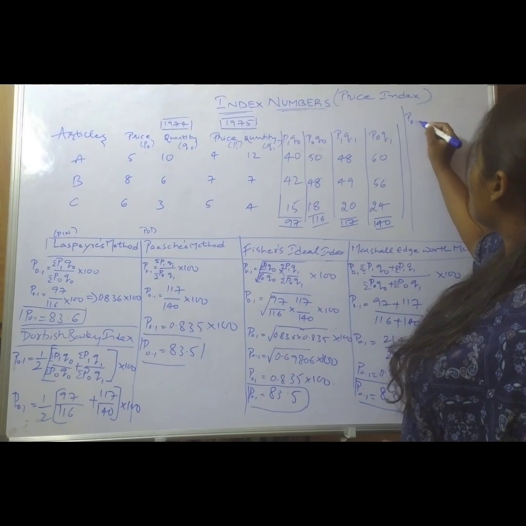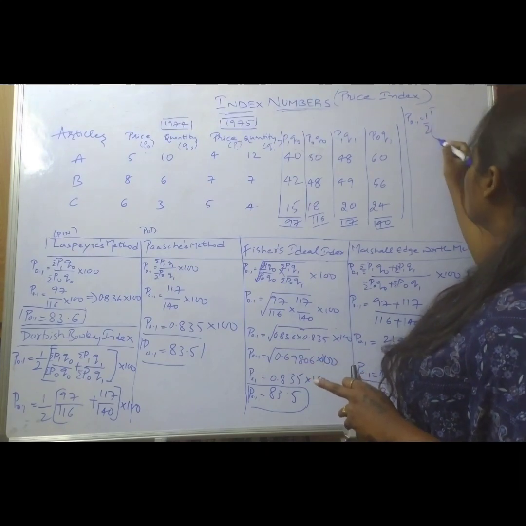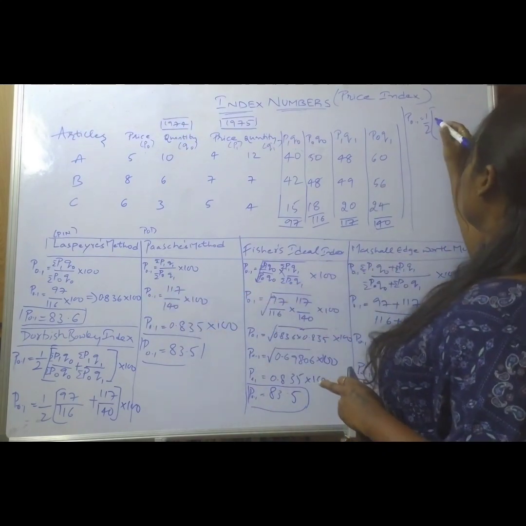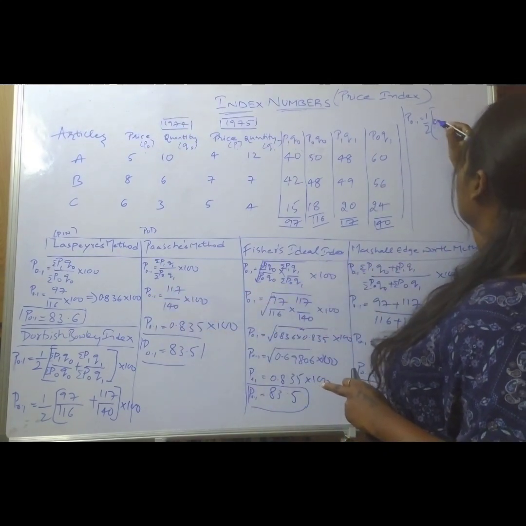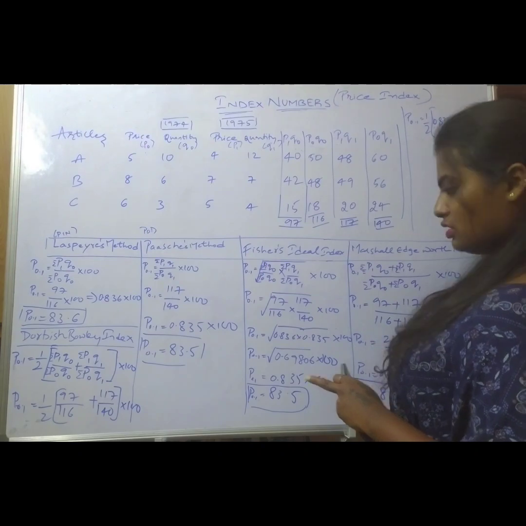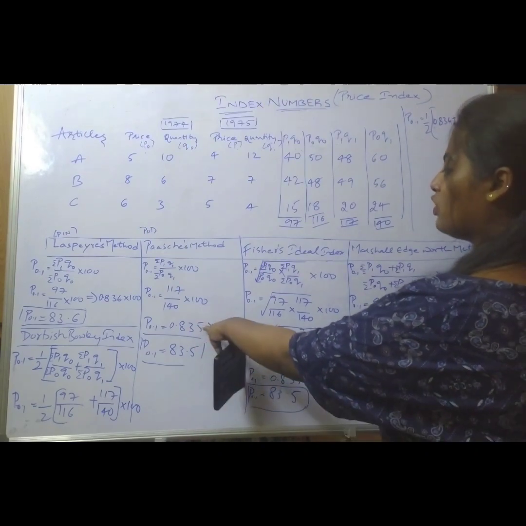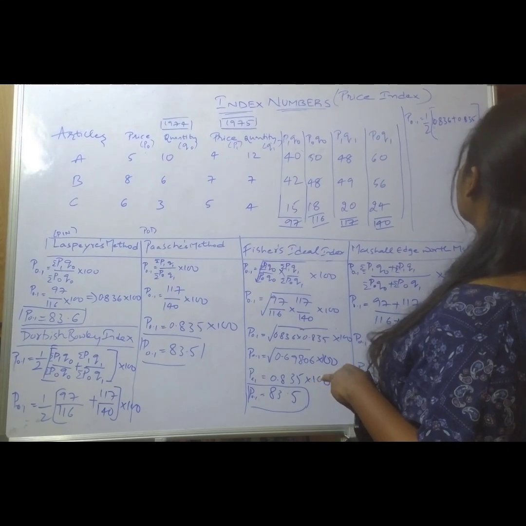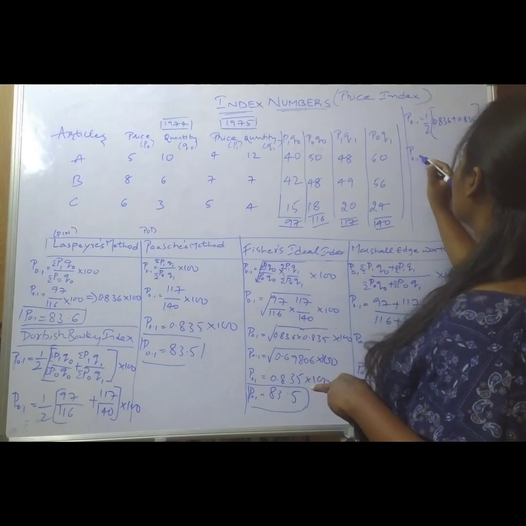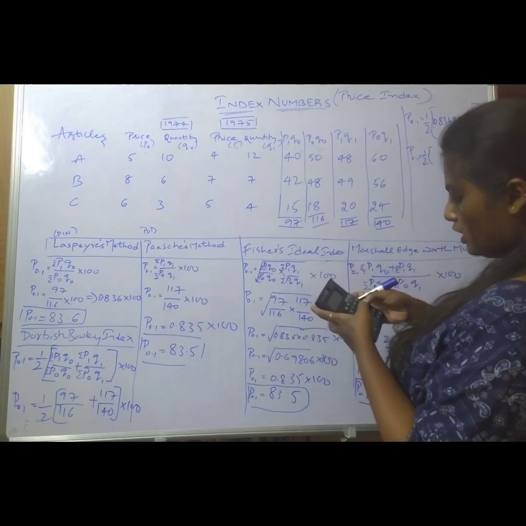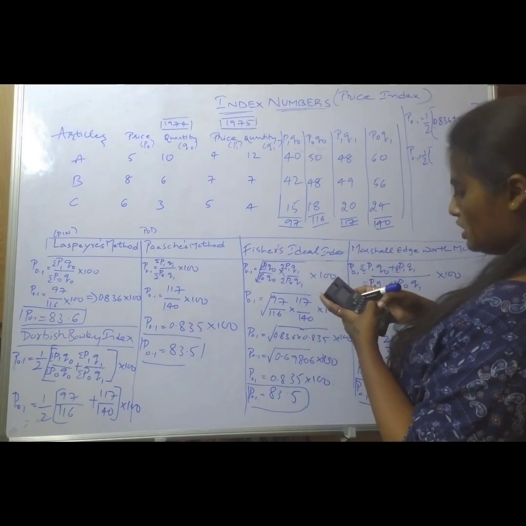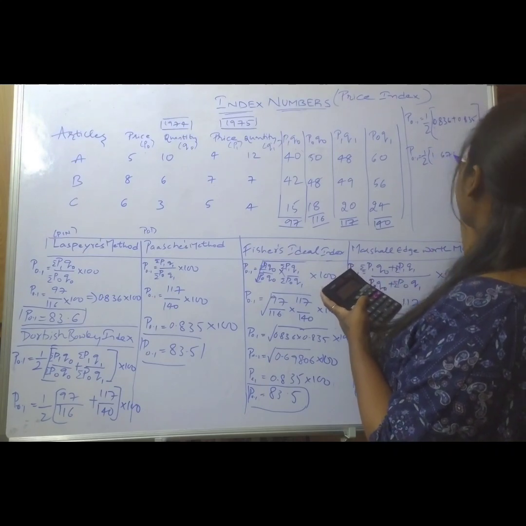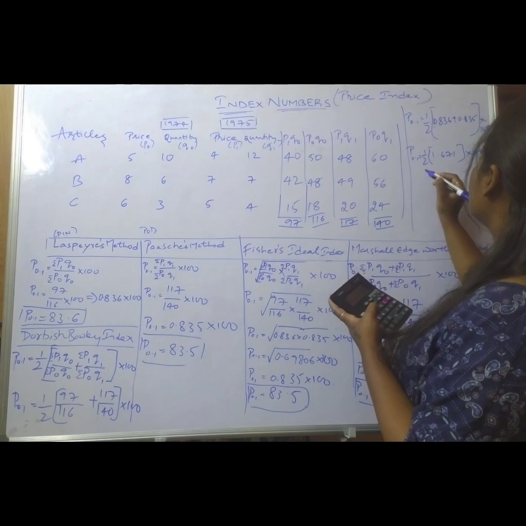So here P01 is equal to 1 by 2 into your 97 divided by 116 as 0.836 plus 117 divided by 140 as 0.835, into 100 remains the same. So P01 is equal to 1 by 2 into 0.836 plus 0.835, which is 1.671, into 100.